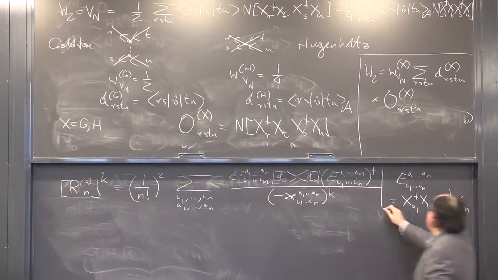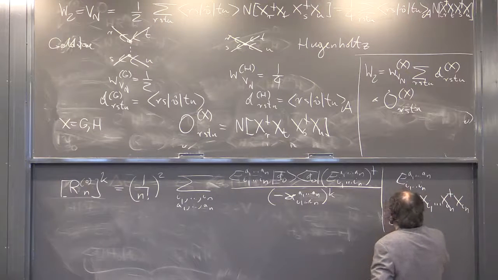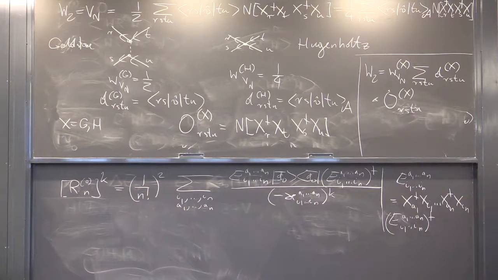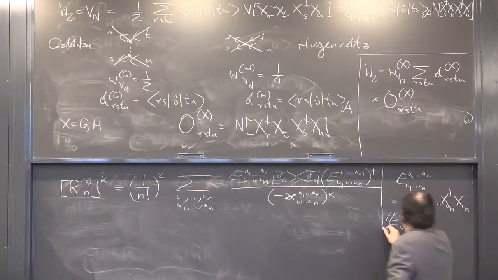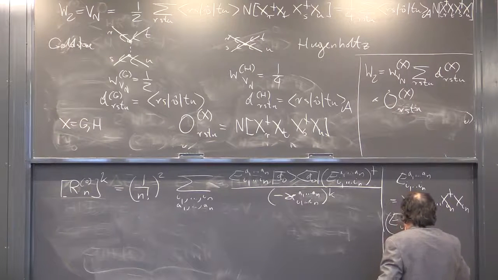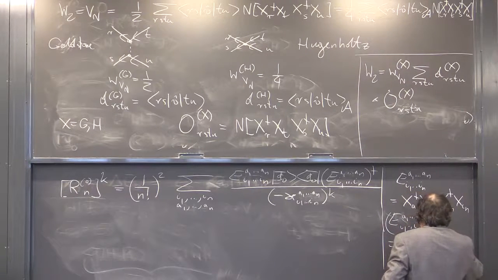And for the de-excitation part, let me also write it, because now I'm going to be sketching a diagram, so I would like to have all these pieces in front of our eyes. If you want to take a dagger of this, you end up with X_i1 dagger X_a1 and then X_iN dagger X_aN.